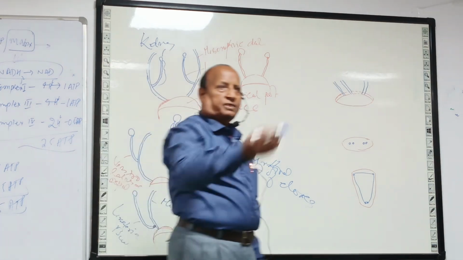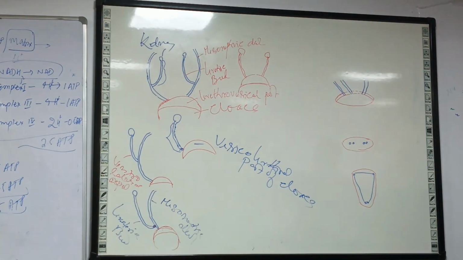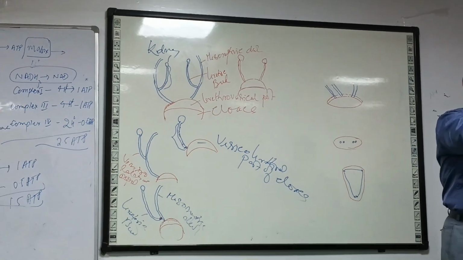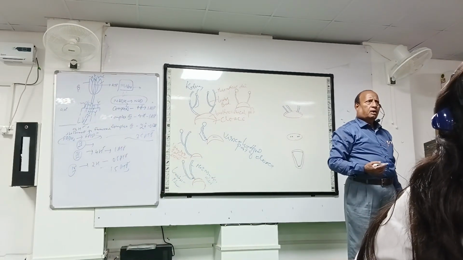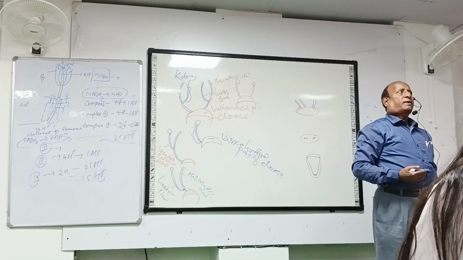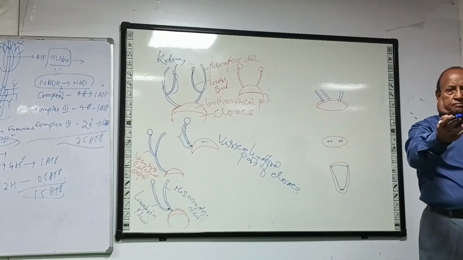You follow? So the ureter develops from the stem part of the ureteric bud.